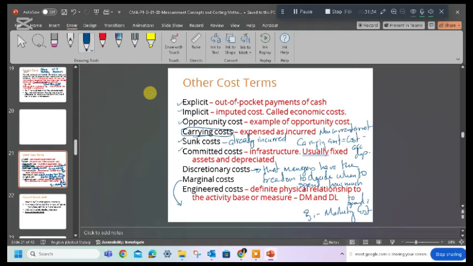Marginal cost. Marginal cost means the cost incurred when one additional unit is produced. So you are already at 500 units. You want to increase to 501 units. How much extra cost you have to incur for that one unit is marginal cost. Imagine in a classroom I already have 10 students. If I add the 11th student, am I incurring any additional cost?